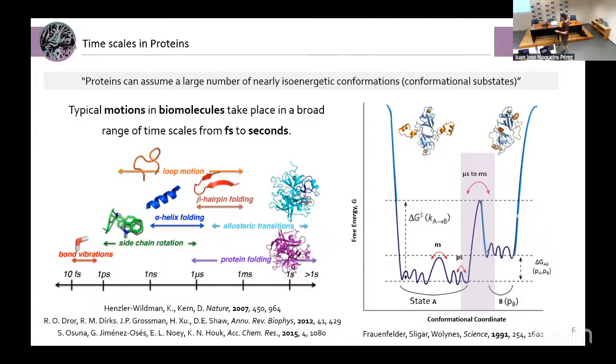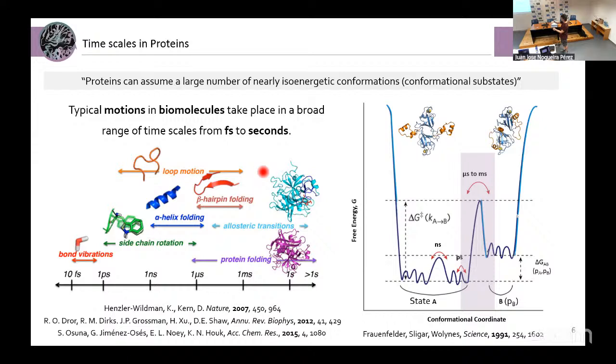Some motions, like a bond vibration, take place really fast. But if we focus on proteins, there are several things that can move. For instance, the loop of a disordered region of a protein can move. This can be really fast, in the nanosecond time scale, but also really slow, in the millisecond time scale. Protein folding is quite slow in biological time scales.